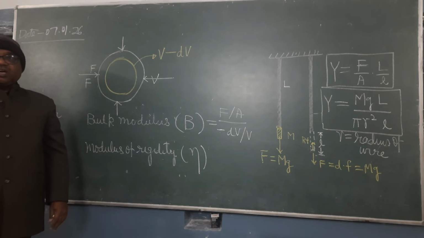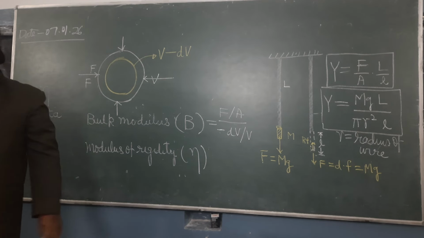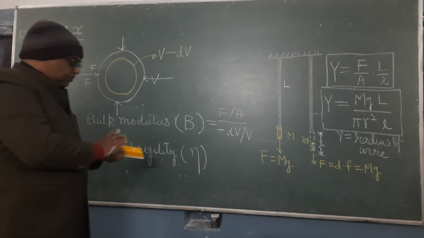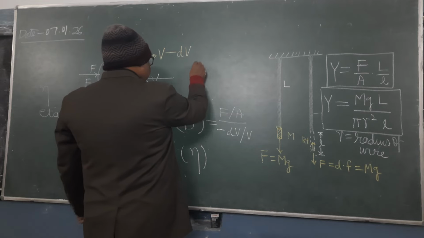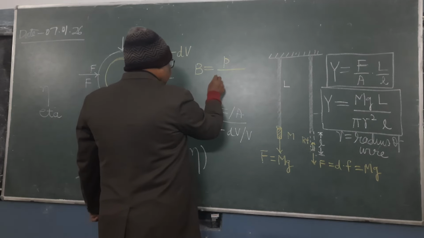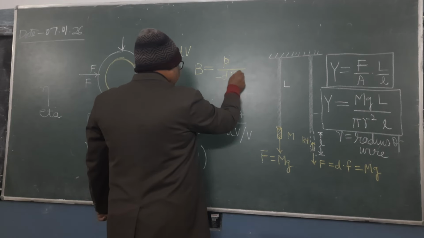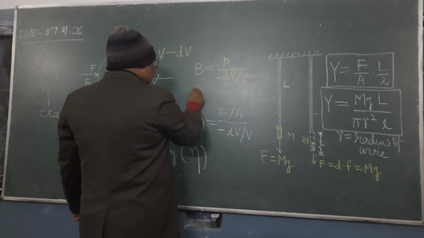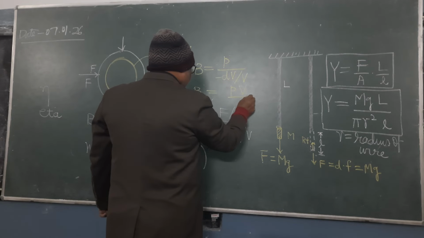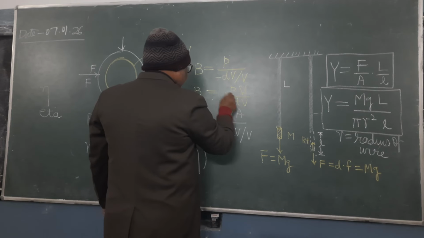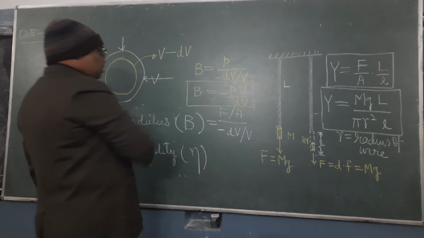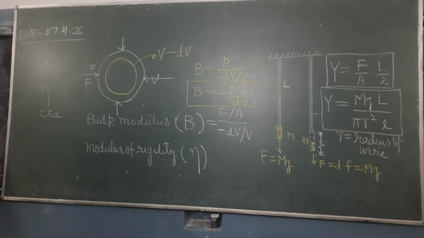So see here, F upon A you can write as P. In denominator it is minus dV upon V. When you simplify, it will be P into capital V upon dV, and here there will be a minus sign. This is the bulk modulus.